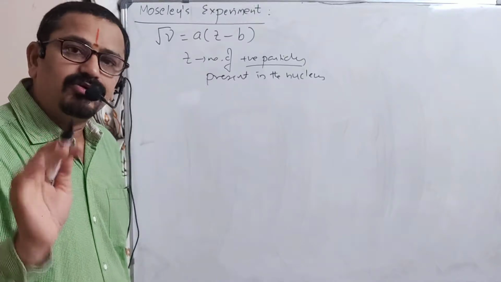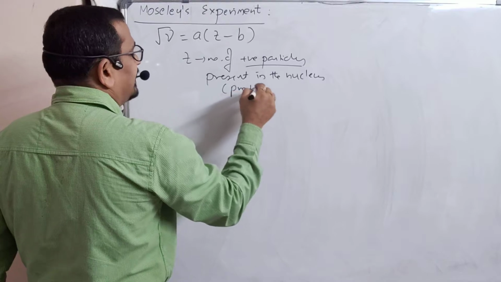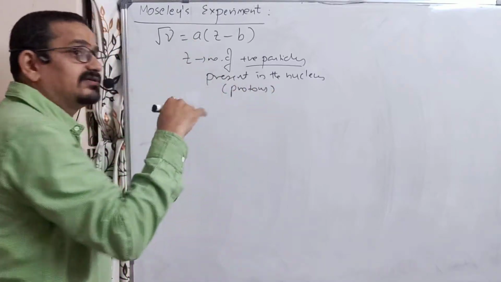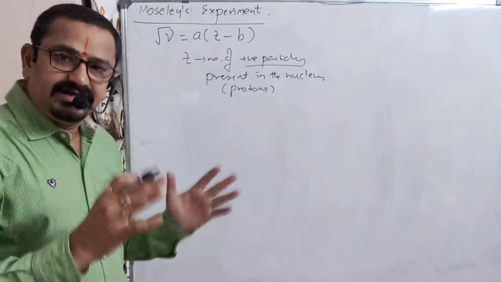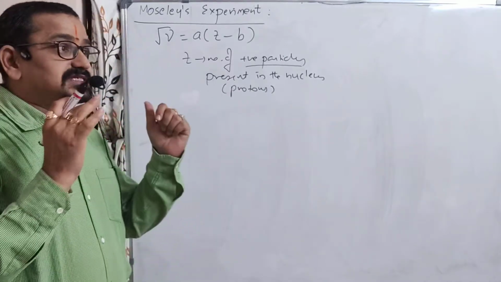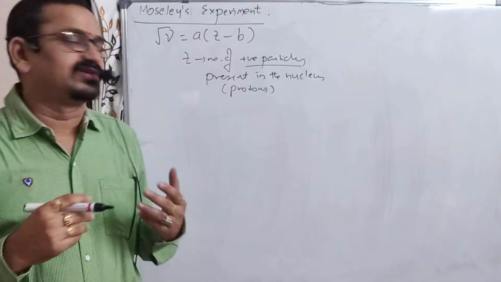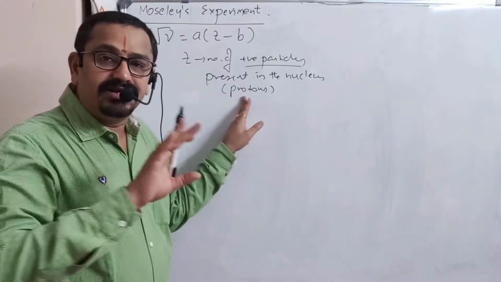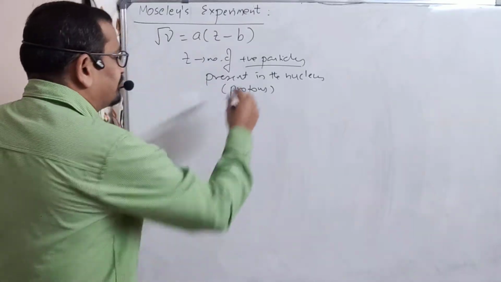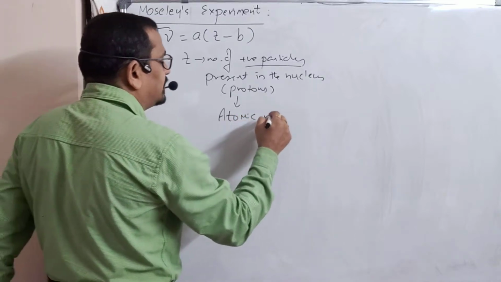They are nothing but protons. So with varying number of protons, he noticed that the frequency of the generated X-rays also varies. Thus, finally he concluded that to study the variation of properties of an atom, its number of protons is the criterion, not atomic mass. Thus, this number of protons was named atomic number.